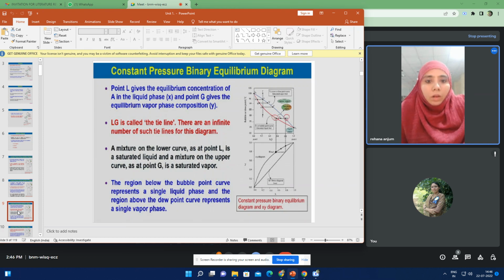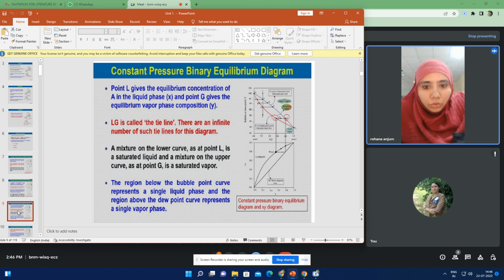At point L, given the temperature, we get the equilibrium concentration of A in the liquid phase x, and point G gives the equilibrium composition in the vapor phase y.